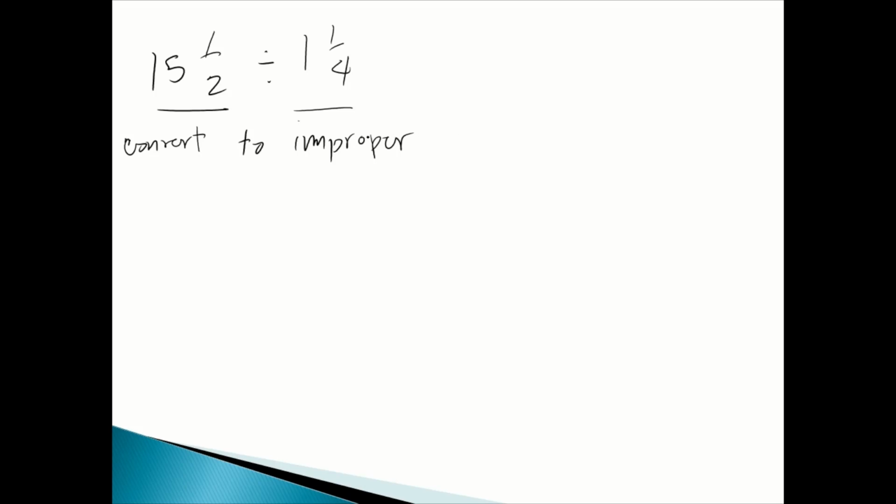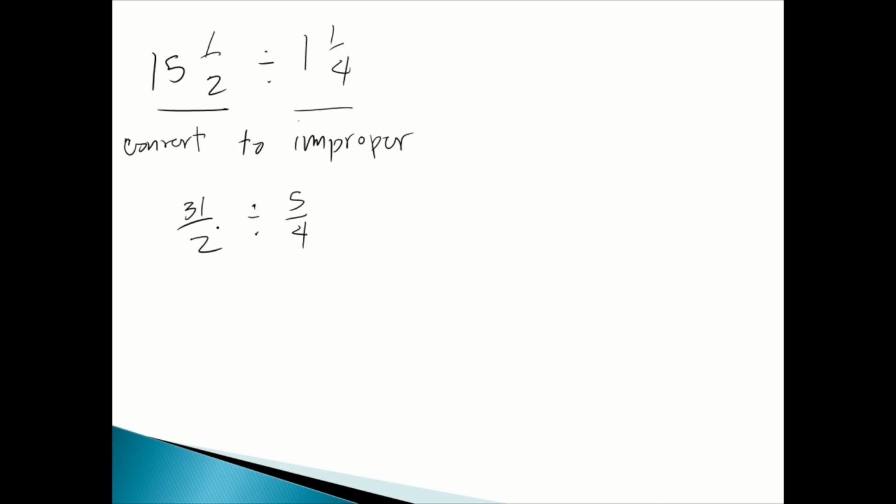Let's write it here in our solution part. 15 and 1/2 is divided by 1 and 1/4. First things first, we convert them to improper fractions, one by one. 2 times 15, 30, plus 1, so this is 31 over 2, divided by 4 times 1, plus 1, 5 over 4.